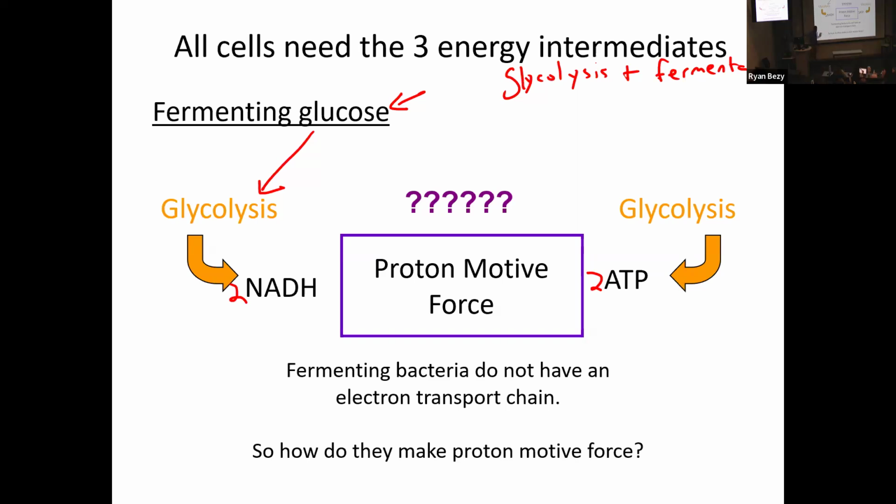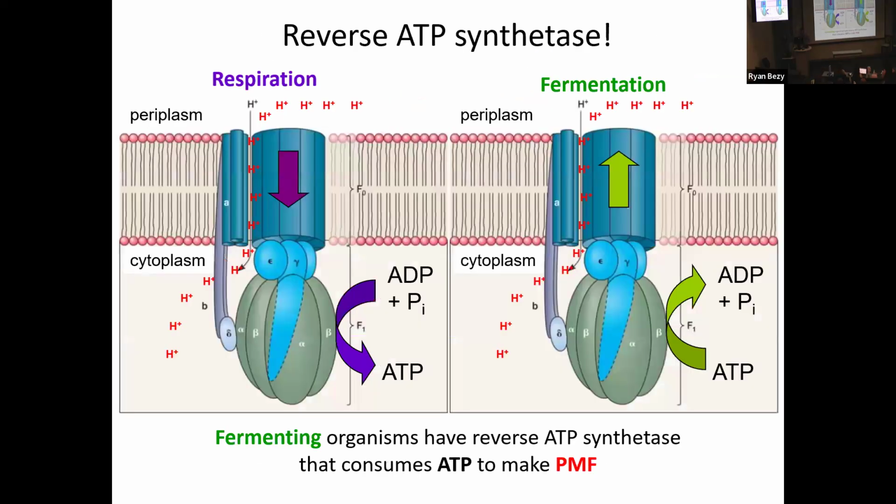There's none of that. But they still do need a way to make a proton motive force, even though a lot of fermenting bacteria do not possess an electron transport chain. So they have an alternative strategy for proton motive force production, and it is something called reverse ATP synthetase. This is in fermenting bacteria.